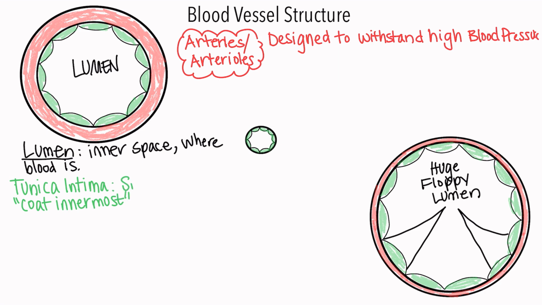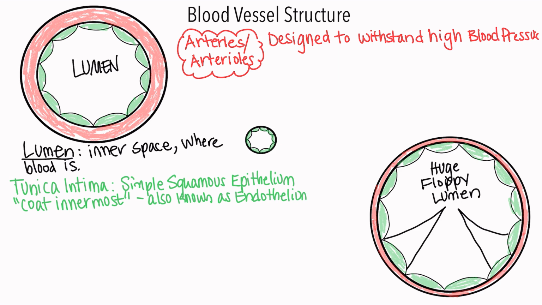So these are simple squamous epithelial cells, and it's also known as the endothelium. The tunica media, which is the middle coat, literally translates to coat middle, and it's made up of smooth muscle.